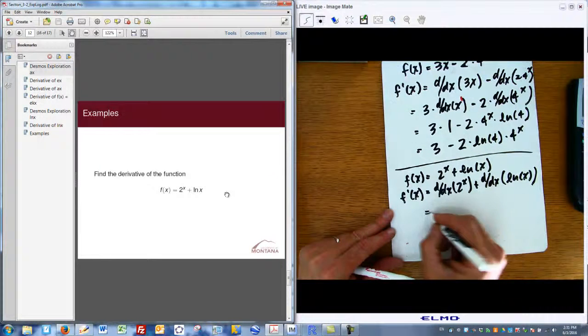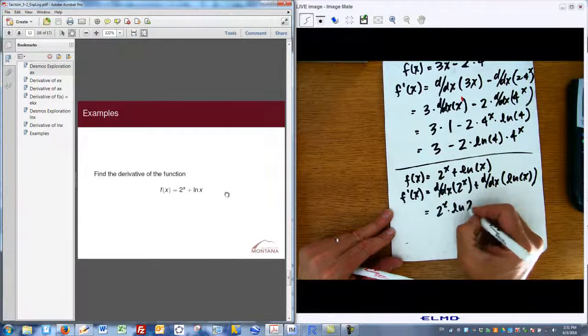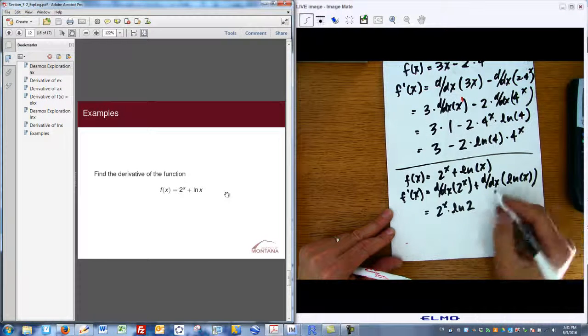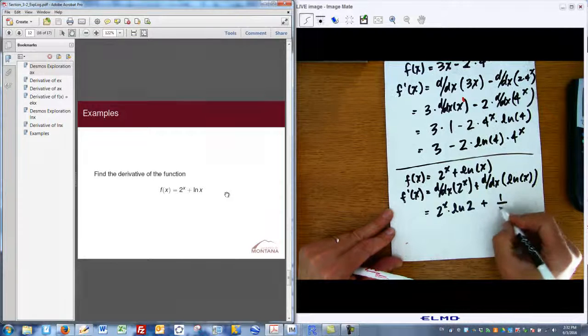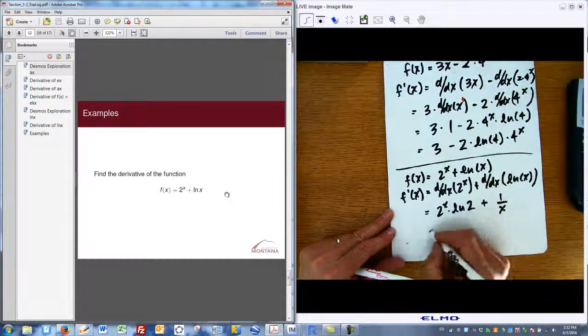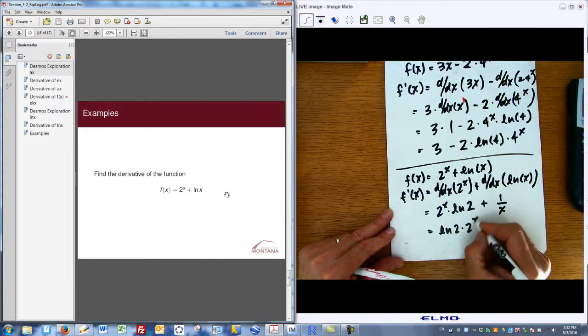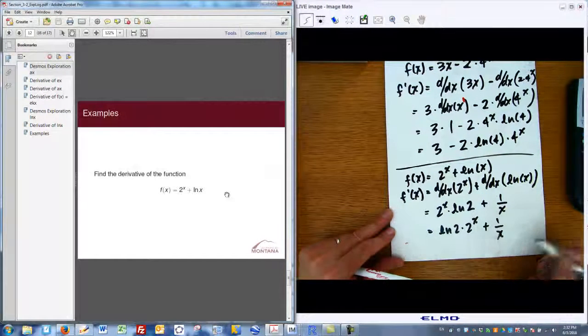The derivative of 2 to the x is 2 to the x times the natural log of 2. And the derivative of ln x is 1 over x. And sometimes we like to write the coefficient out in front, so the natural log of 2 times 2 to the x plus 1 over x is our answer there.